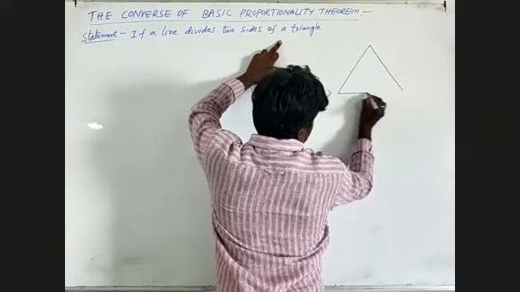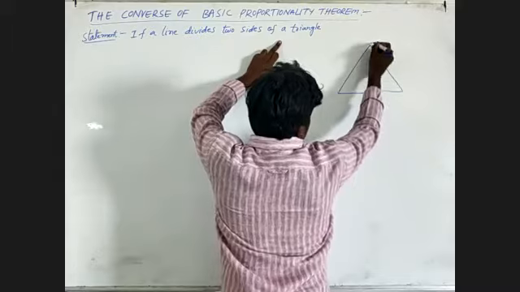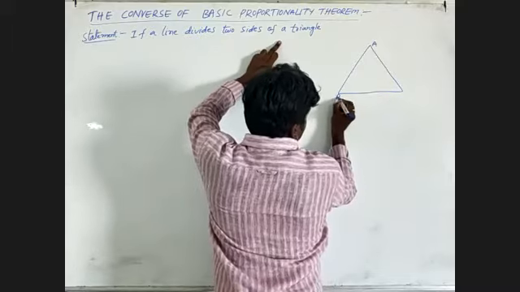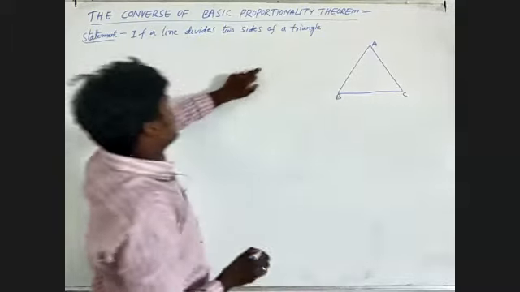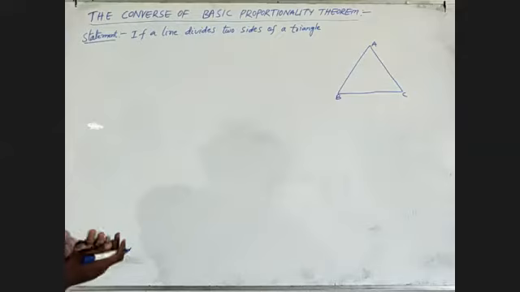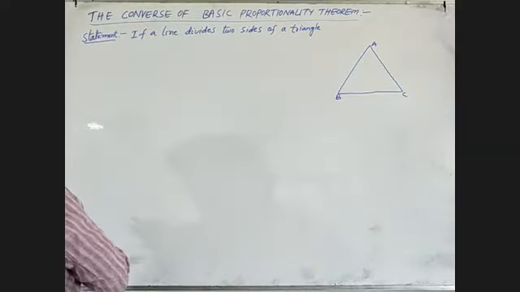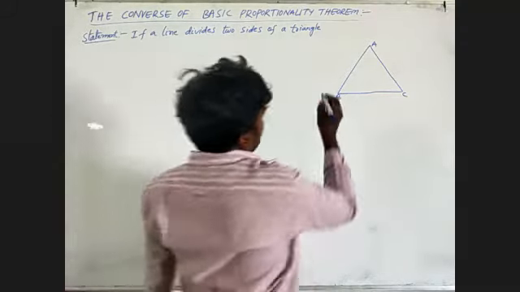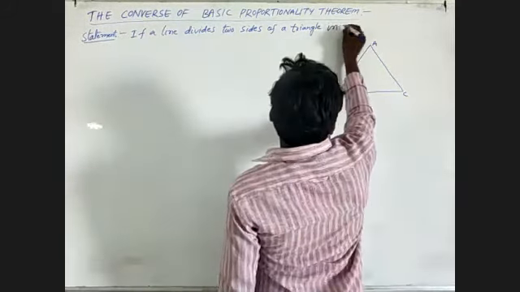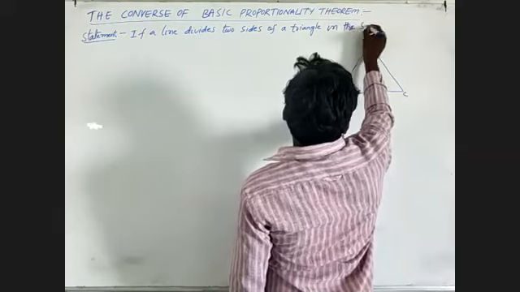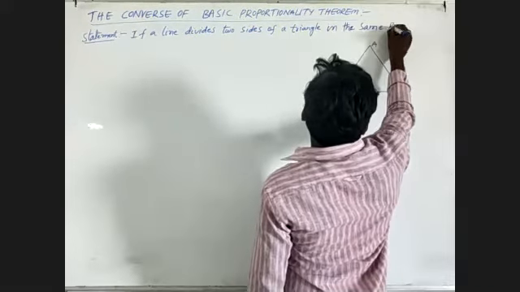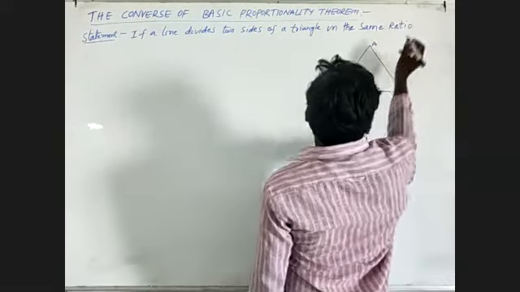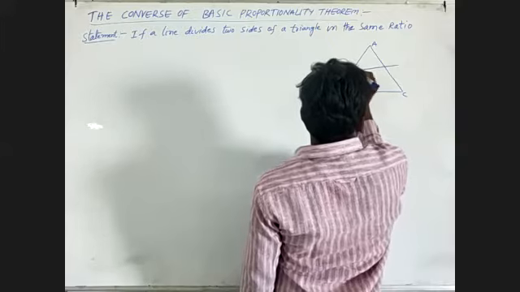Name it as A, B, C. What is given in the statement? If a line divides two sides of a triangle in the same ratio. Okay, how to divide it in the same ratio?